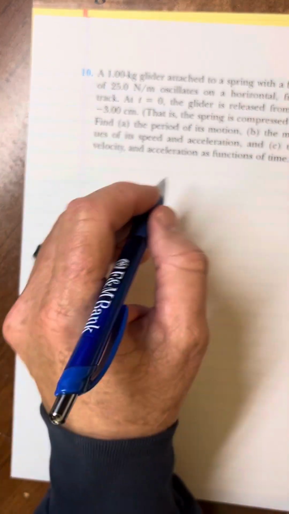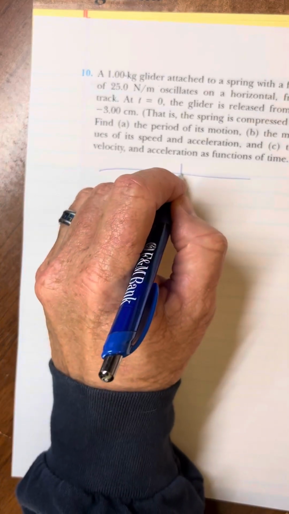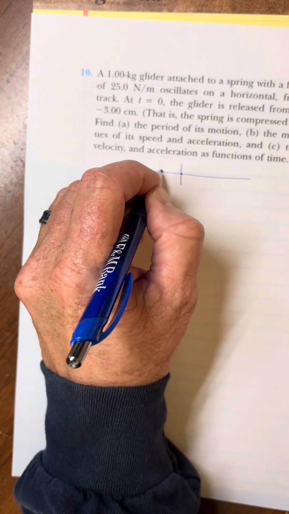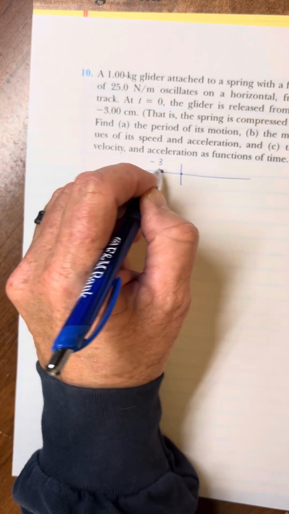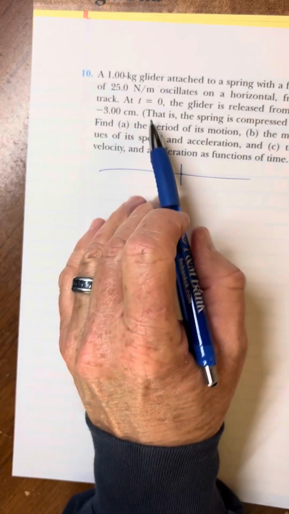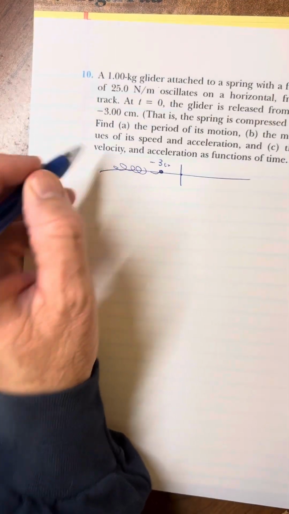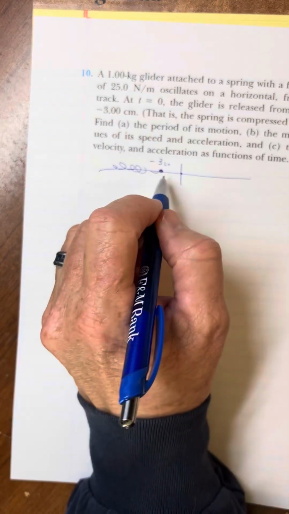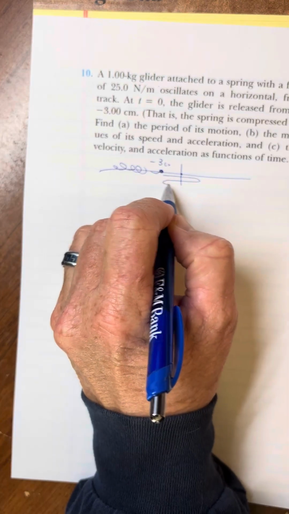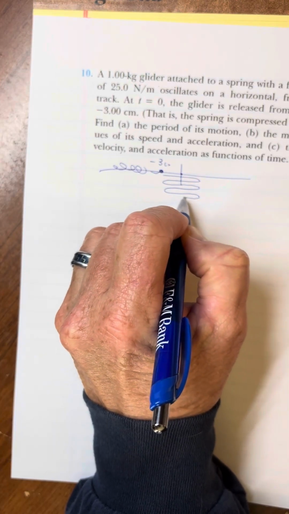Okay. So in terms of left and right, it's over here, negative 3 centimeters. That is, the spring is compressed, so they have some kind of compressed spring here. And so it would go back and forth, back and forth, back and forth.